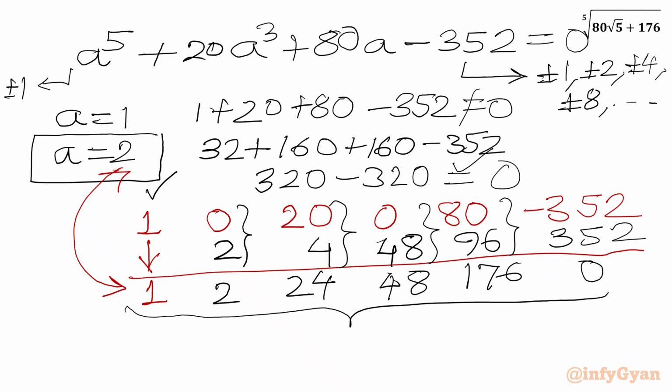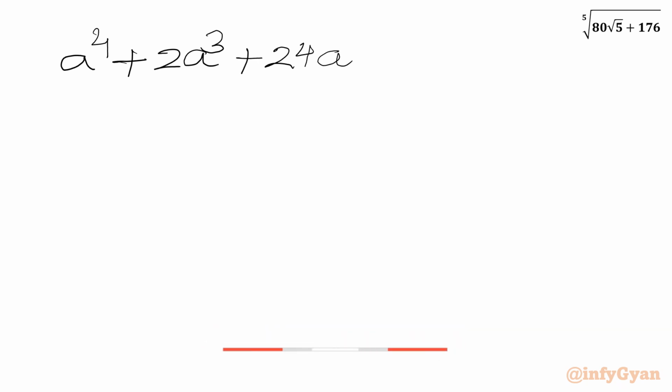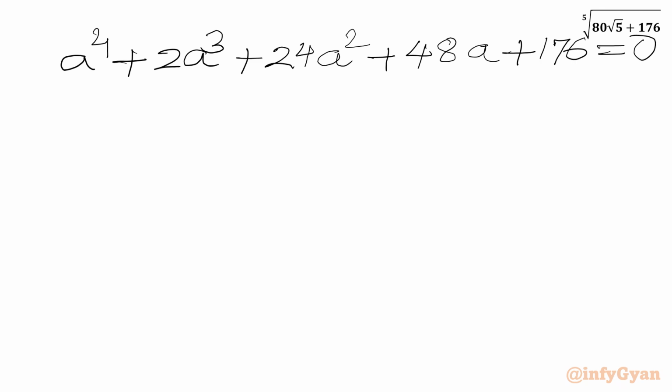So let me write our equation here: a power 4 plus 2a cube plus 24a square plus 48a plus 176 equal to 0.